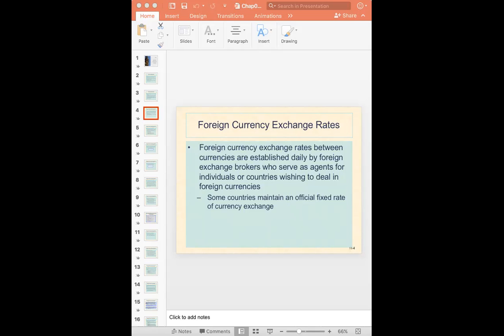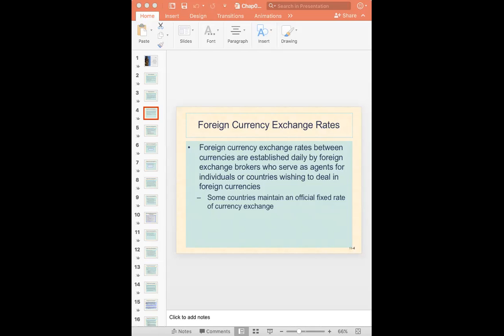So after that, around 1972, most countries signed an agreement. They wanted to make the value of their currency based on the supply and demand of that currency, guys. So there is a foreign currency exchange rate, established daily by the market, right?